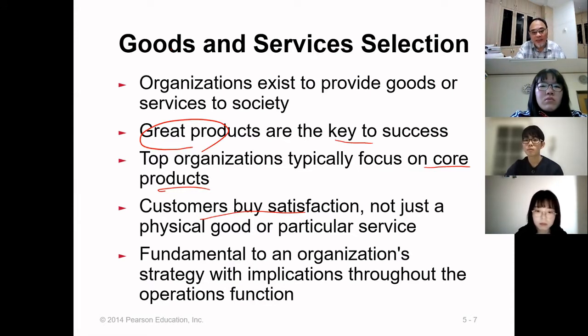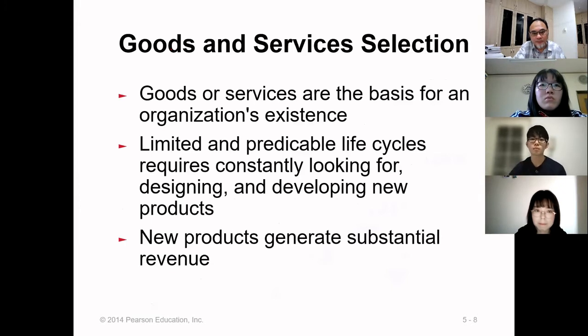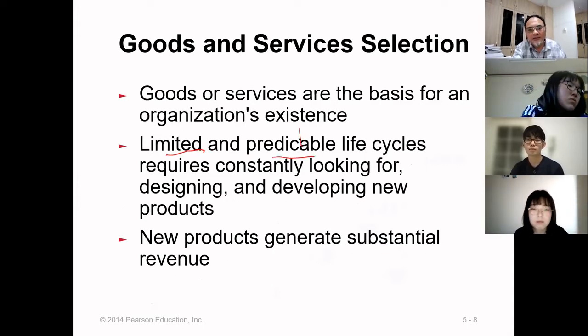And of course, it depends on your capability and ability. So goods and services are the basis of any organization's existence, and all products and goods have a limited and predictable life cycle.